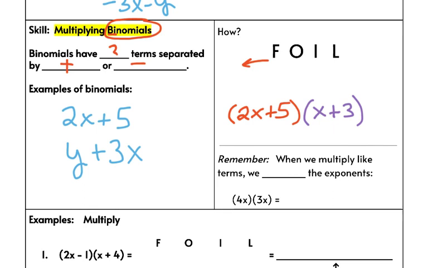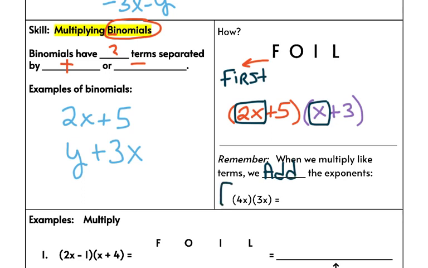What we do is multiply in a specific order. We grab the first term in each binomial, and we multiply those. But we have to remember that when we multiply like terms, which we talked about in our last video, we need to add exponents.